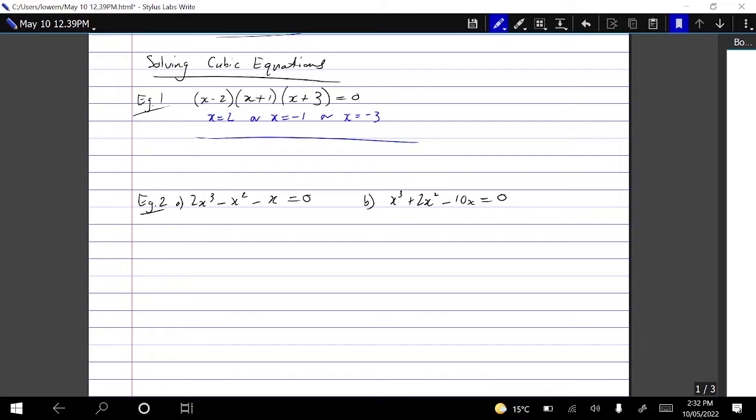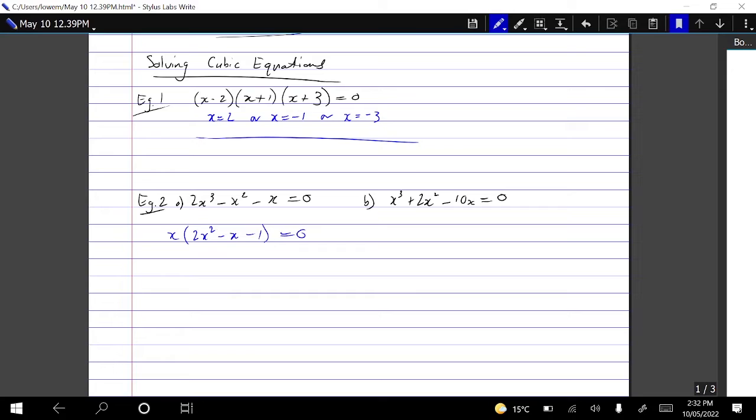So example 2, we're looking at factorising that. So looking for a common factor to start with, and because we can see that there is an x in every one of those terms, we can take out the x, leaving us with 2x squared minus x minus 1 equaling 0.